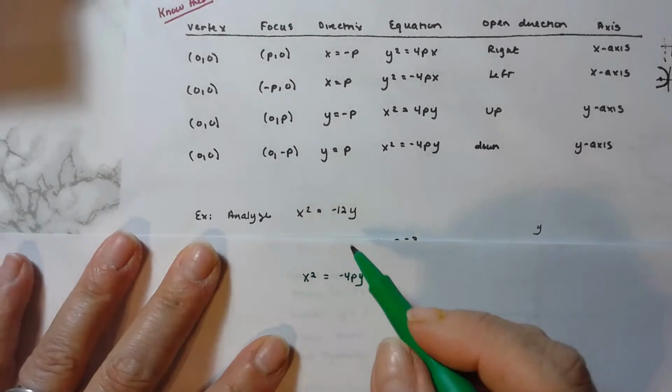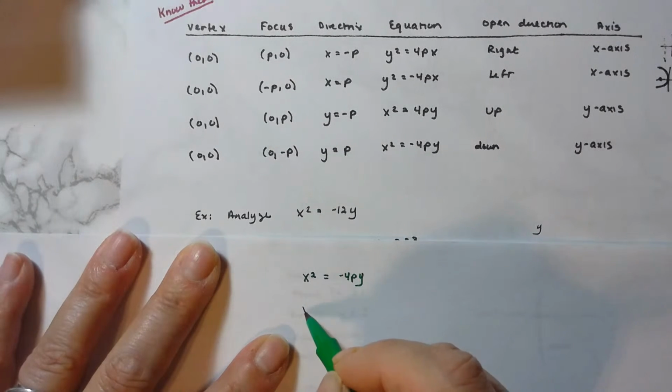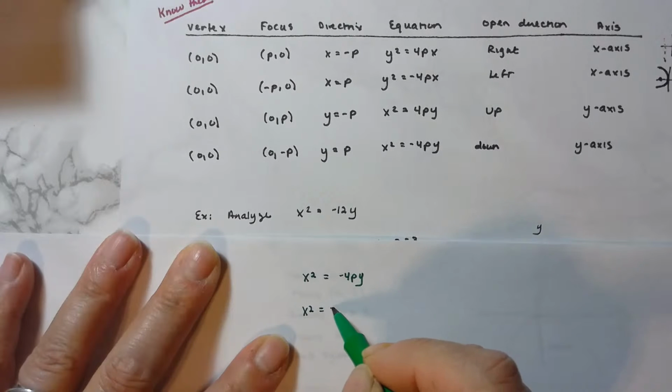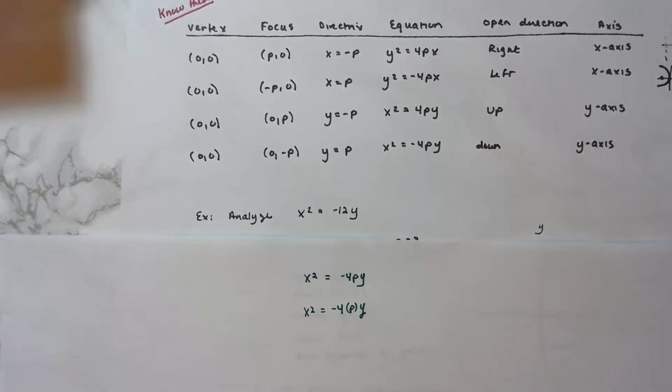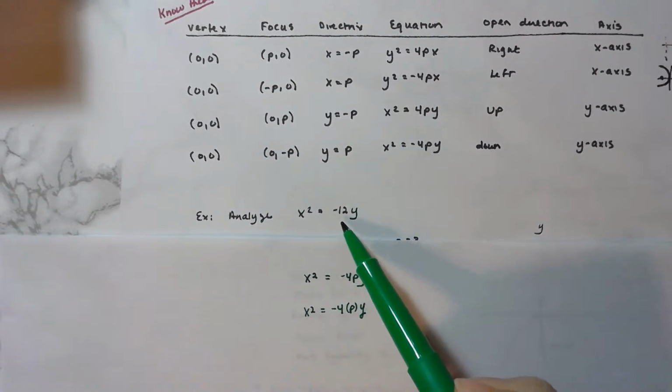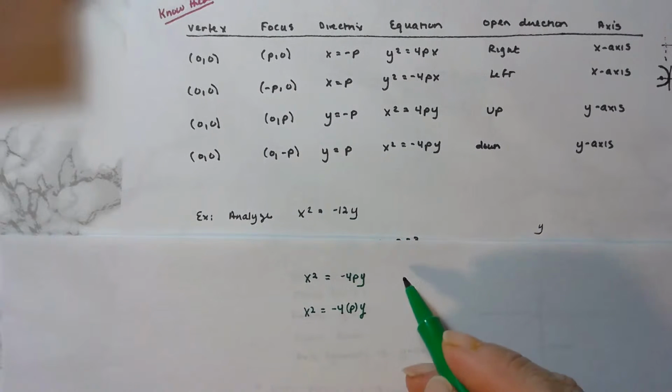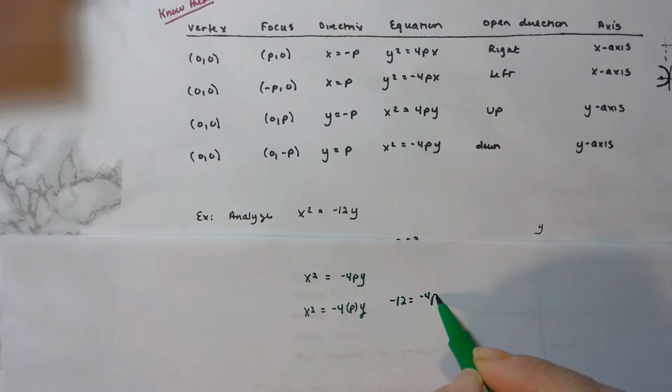So I can say x squared is equal to negative 4 times p times y. Now, why did I just rewrite that twice? To let you know that this is a 12 here. And so what I'm doing is I'm saying, how is negative 12 equal to negative 4p? I can find my p that way.